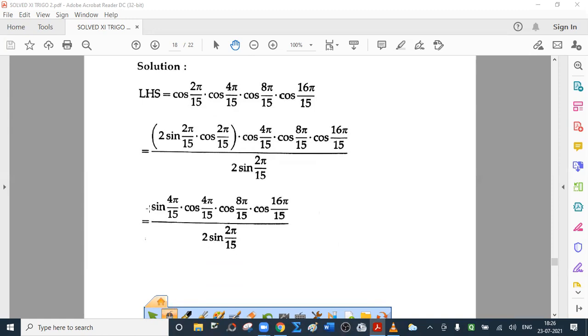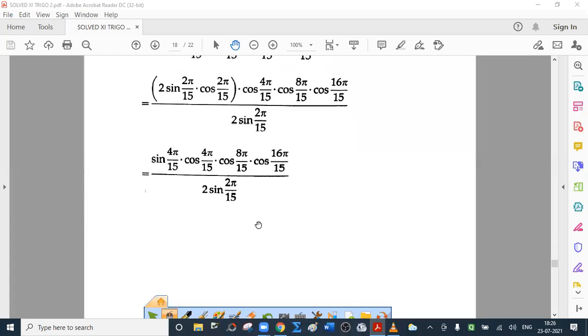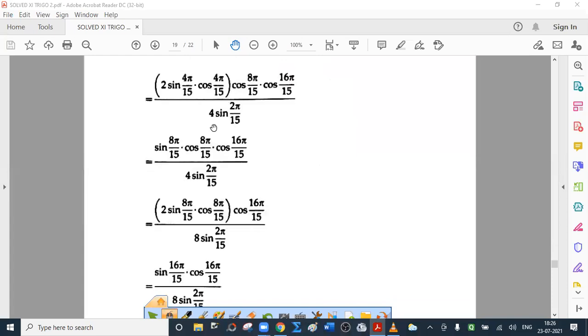Now in the numerator, 2 sine 4 pi by 15 into cos 4 pi by 15 is sine 8 pi upon 15. See, this cos 8 pi upon 15 is ready for that. Okay, see. Again, multiply numerator and denominator by 2.